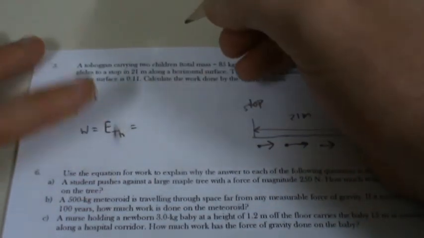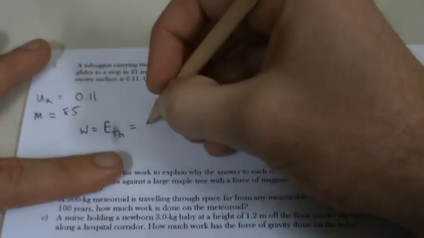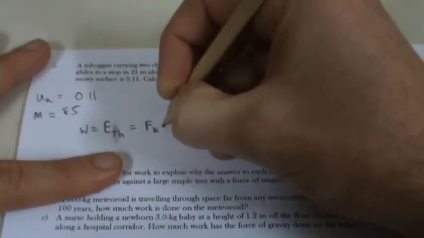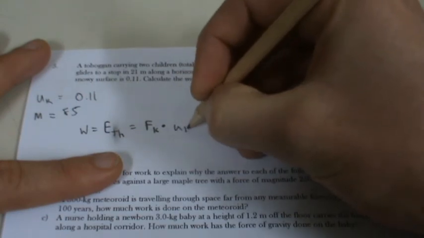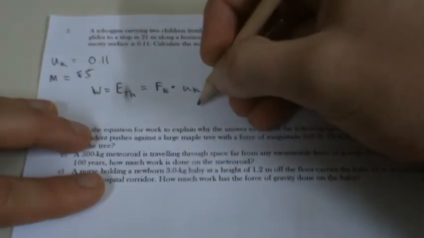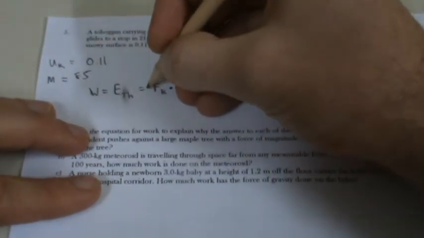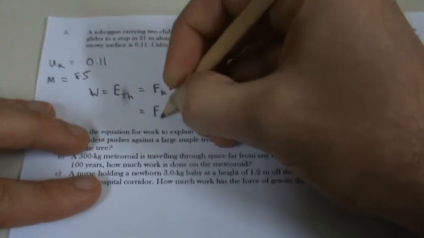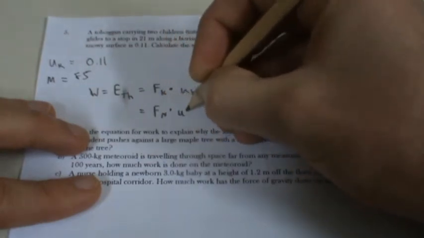And so the thermal energy that is used is going to be the force of kinetic friction times delta D. And so the work done by friction is thermal energy, which is equal to force times delta D. Remember that kinetic friction is force normal times μK.